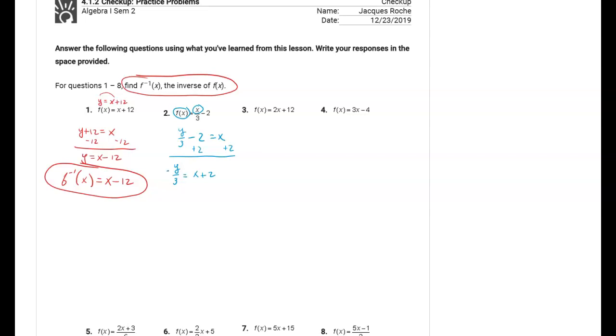How do I get rid of this denominator? I'm going to multiply everything in this equation by 3. The 3 is eliminated here, and I get y equals 3 times x, which is 3x, and 3 times 2 is plus 6. So the inverse of f of x is 3x plus 6.